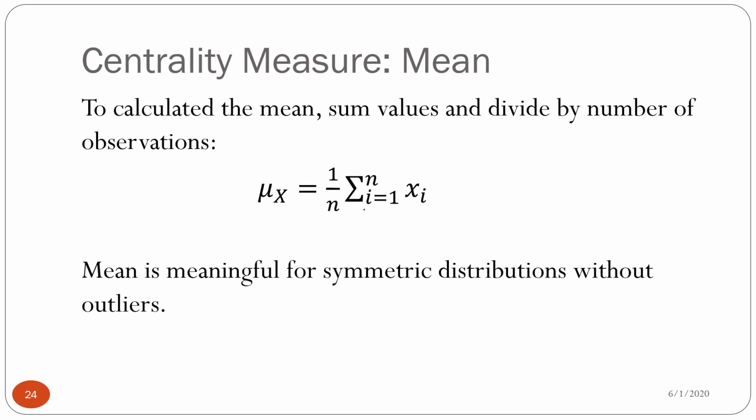Now, how do we compute the mean? The simplest and most often used centrality measure is the mean, which is the average as well. It's pretty simple. These notations might be a little scary. We use mu as the symbol for the mean, so mu of x means the mean of the data which we are calling x.